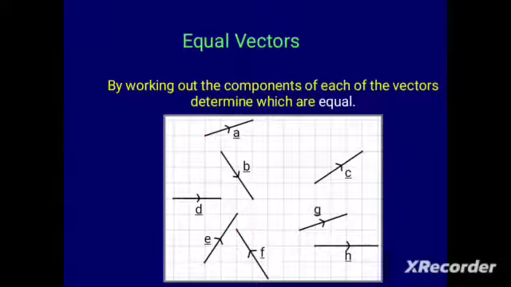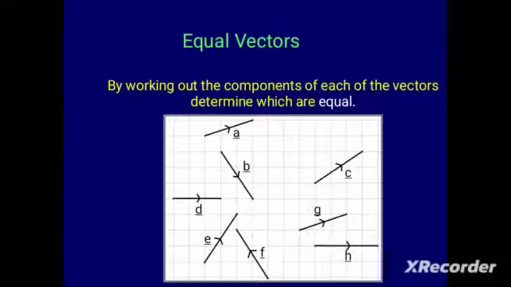If you look at A and B, they are not equal because they are not in the same direction. A and C are not equal, in the first place because their magnitudes are not equal, though they are of the same direction.